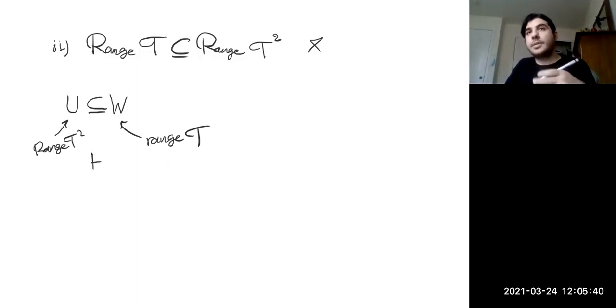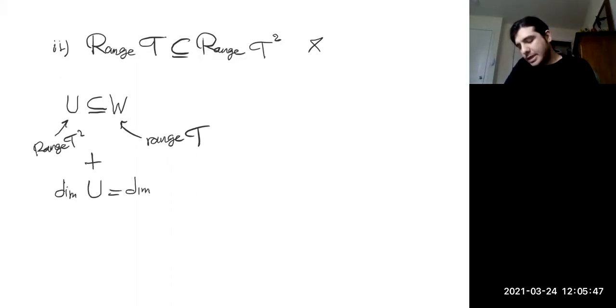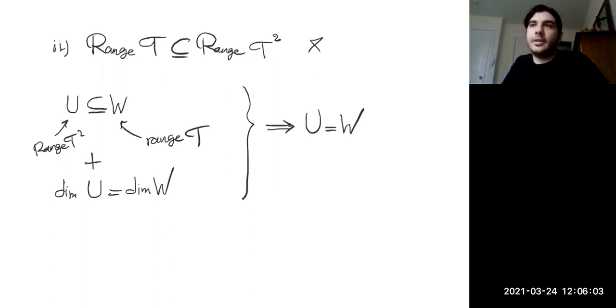So there is a concept of dimension. They are finite dimensional. Suppose also we know their dimensions are equal. So one of them is a subspace of the other one, but they have the same dimension. That implies these two have to be equal. So if one of them is inside the other one, but they have the same dimension, they are equal. Now that's what I'd like to do.